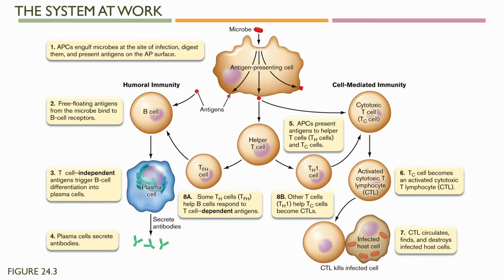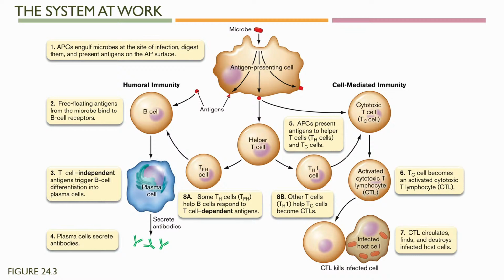It would be MHC class 2, so it would be CD4. And then this is another T cell that it's helping out. It's another helper T cell, but this is a T cell dependent antigen because it's depending on the T cell to take it to the B cell so that the B cell can then differentiate into plasma cells and secrete antibodies.